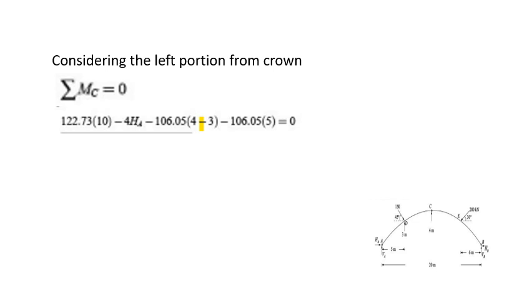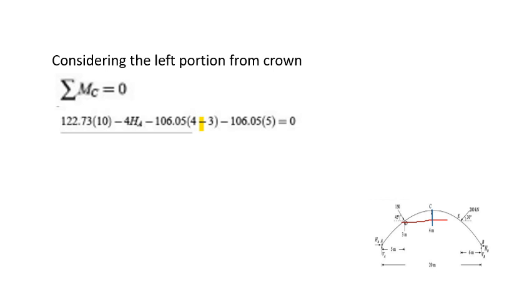Here you see the height of the 150 cos 45 is at 3 meter. Height of the crown is 4 meter. So you have to consider here this distance, that is 4 minus 3. This total distance is 4.